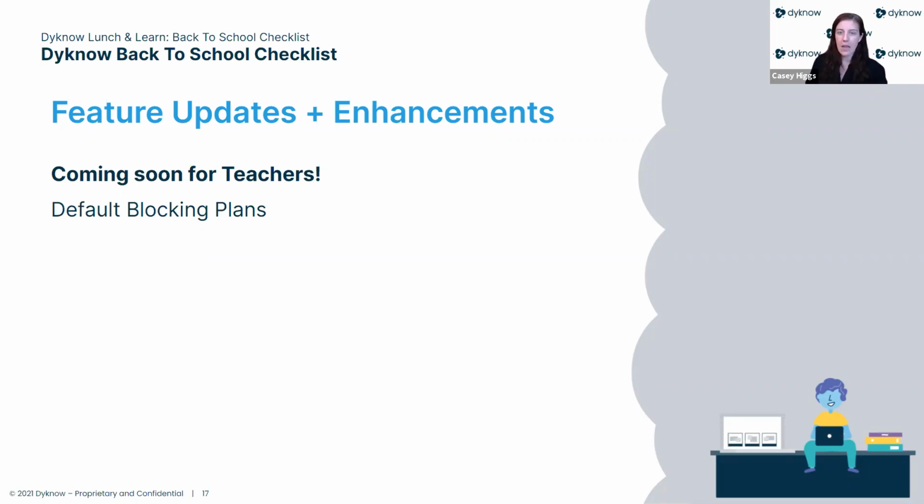So if you're monitoring science class, you've got a science class blocking plan. For history class, there's already a specific blocking plan, right? But being able to assign a blocking plan to an individual class, it just makes sense. And it should be a huge added convenience for Dyknow teachers. Of course, we're going to let you know when this new feature is released.